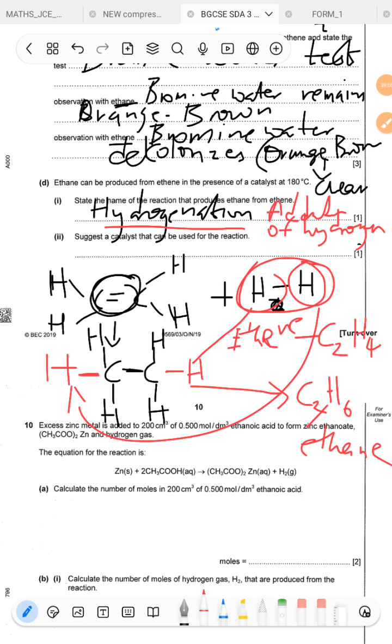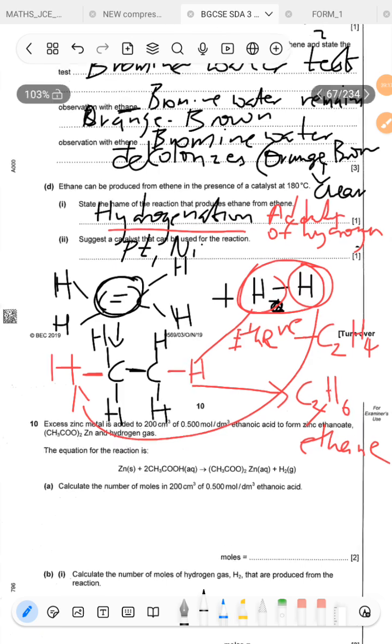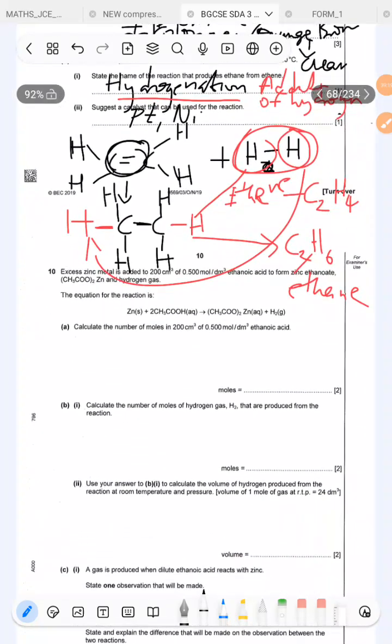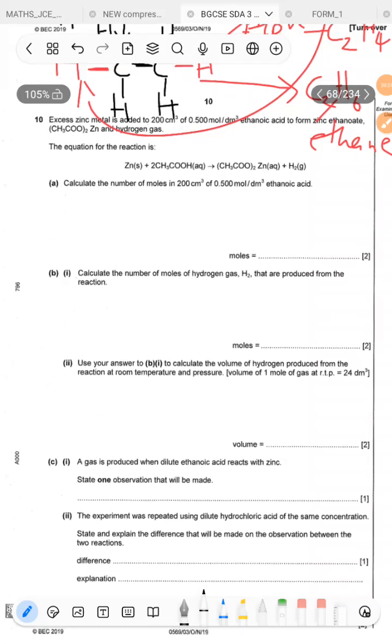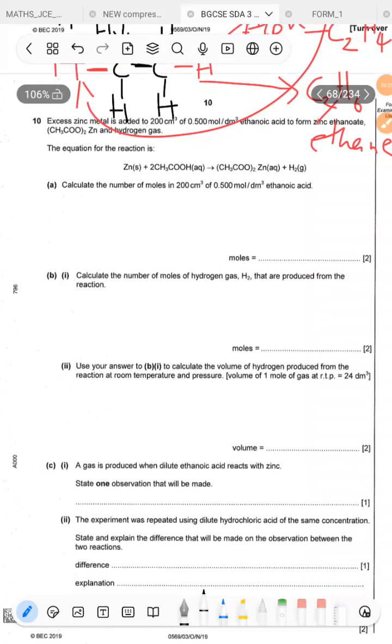And then part two says suggest a catalyst that can be used for this chemical process. In this chemical reaction we use Pt, platinum, or nickel. You need to write platinum in full. Platinum or nickel.